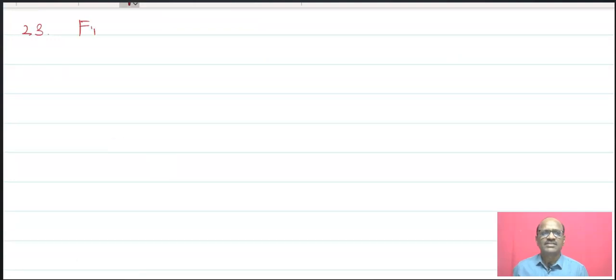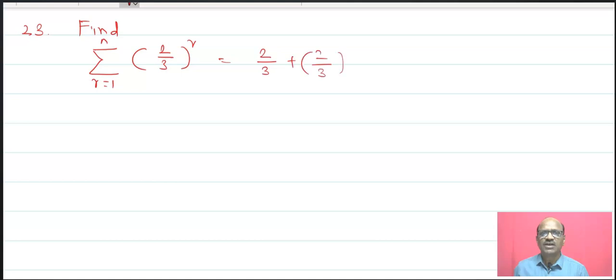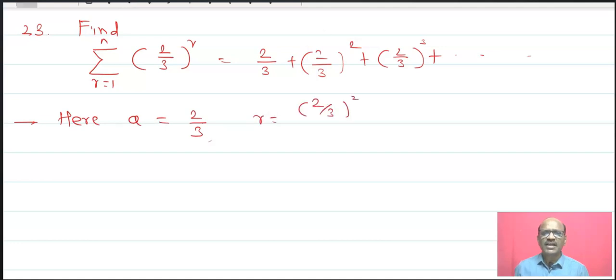Now next is question number 23. Find the summation r is equal to 1 to n of 2 upon 3 bracket raised to r. See this sequence: 2 upon 3 plus 2 upon 3 bracket square plus 2 upon 3 bracket cube, and in this way.